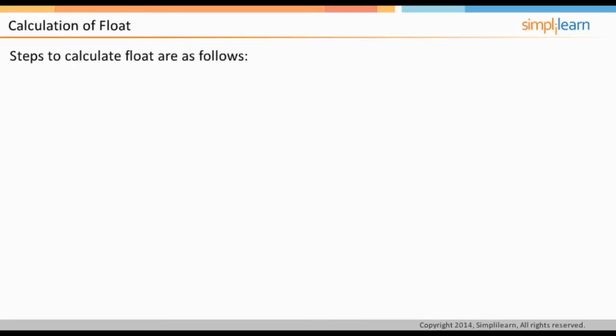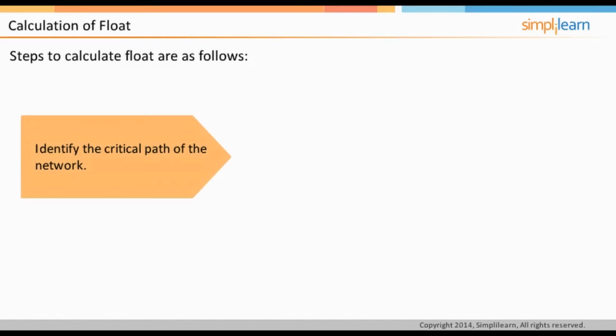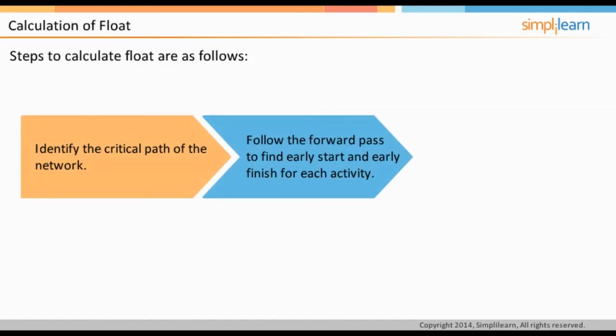Float of an activity can be calculated by two methods. However, the first step in the critical path method is to identify the critical path of the network. Once the critical path is identified, follow the forward pass to find early start and early finish for each activity. The float of the activities on the critical path is 0, so they represent the overall project duration.